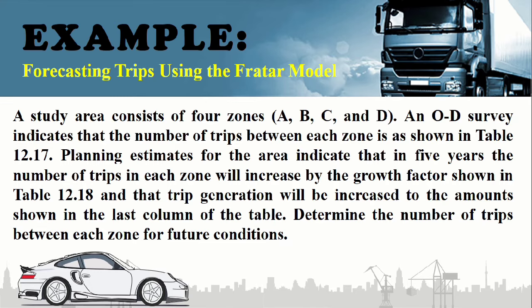Planning estimates for the area indicate that in 5 years, the number of trips in each zone will increase by the growth factor shown in Table 12.18, and that trip generation will be increased to the amount shown in the last column of the table. So the question is, determine the number of trips between each zone for future condition.